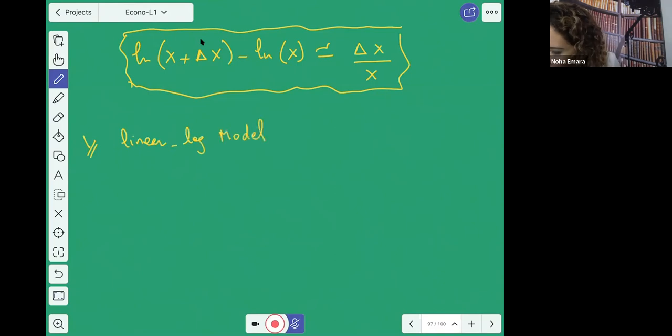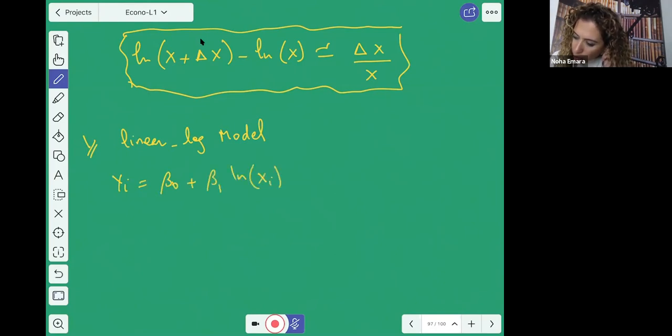So it's linear in Y, log in X. A linear log model would look like this: Yi is equal to beta naught plus beta 1 log xi plus ui. And this goes over n people or n countries or n whatever the type of cross section that you are using, okay?